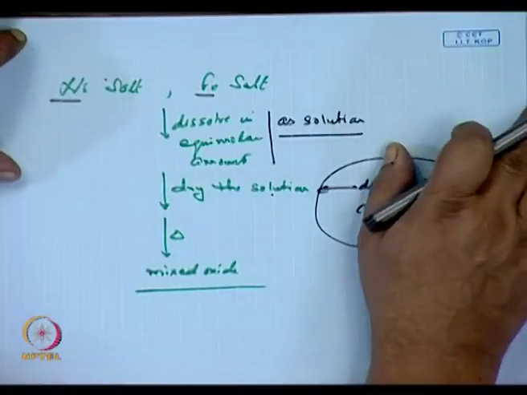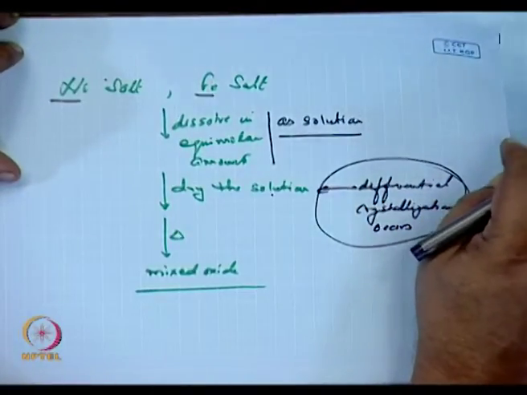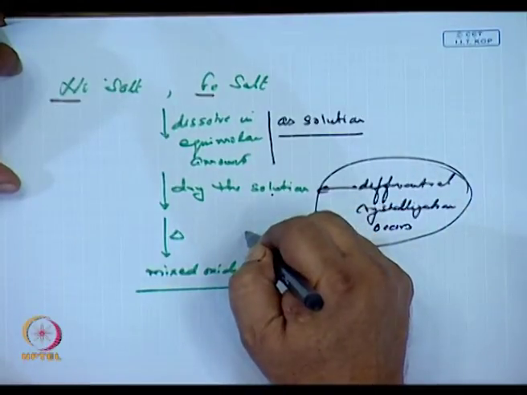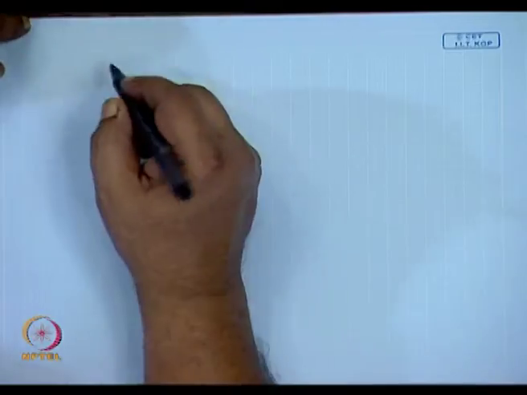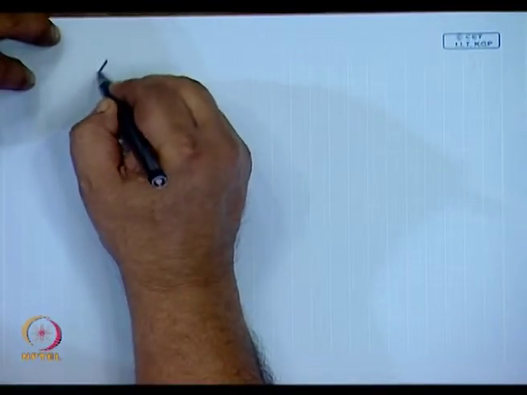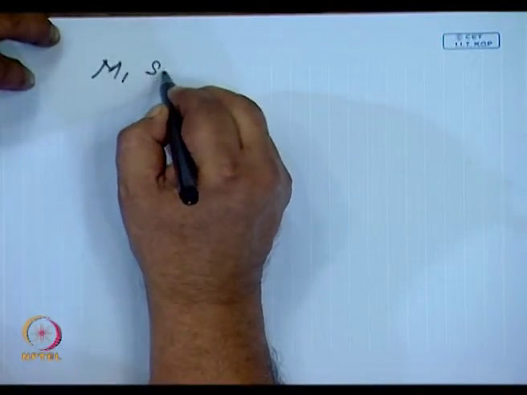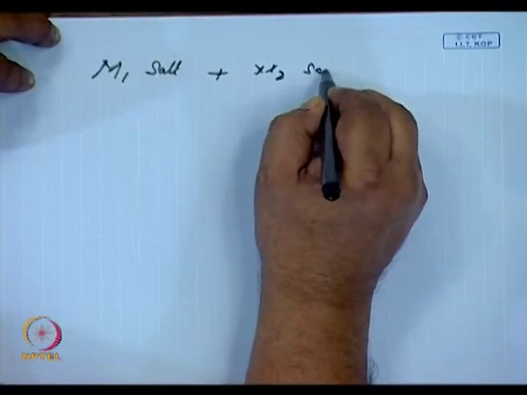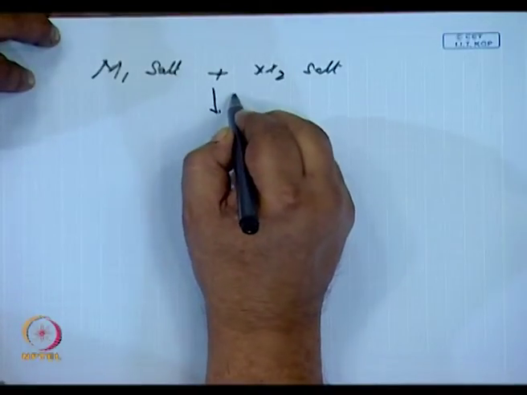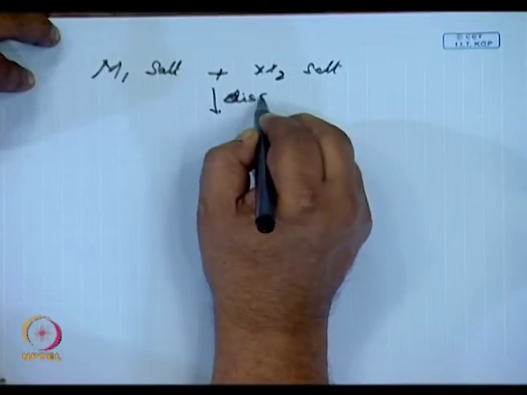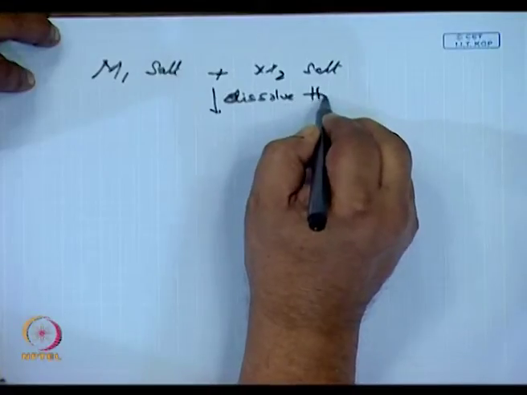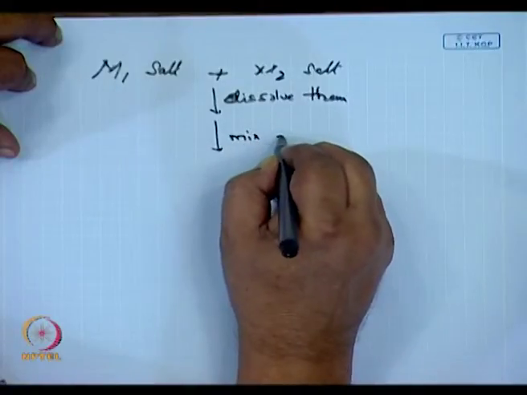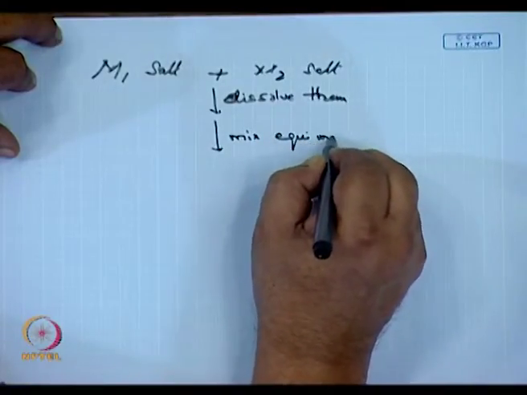So in the earlier stages, what people did was, they would take, let me say, a metal M1 salt, add to it a metal M2 salt, dissolve them, and mix equimolar amounts.